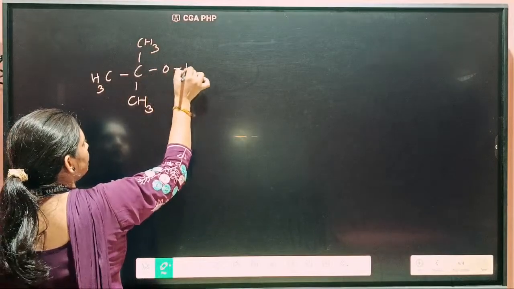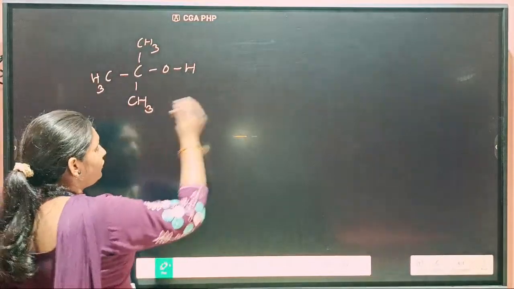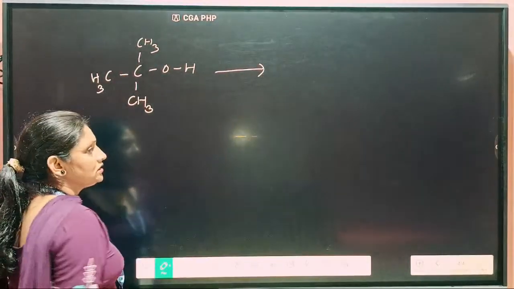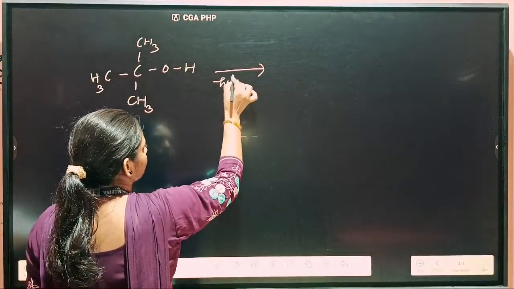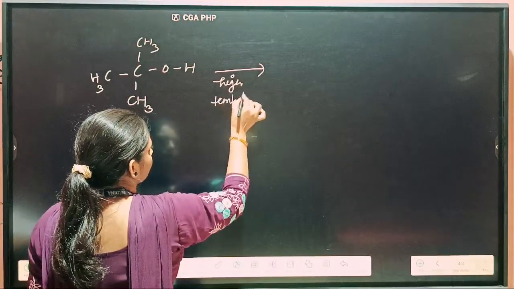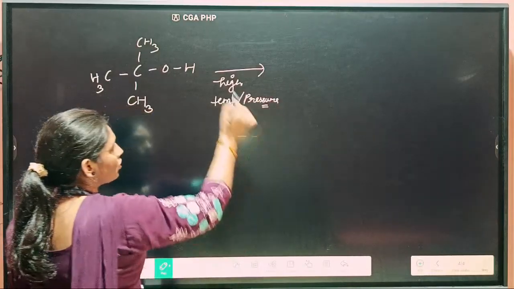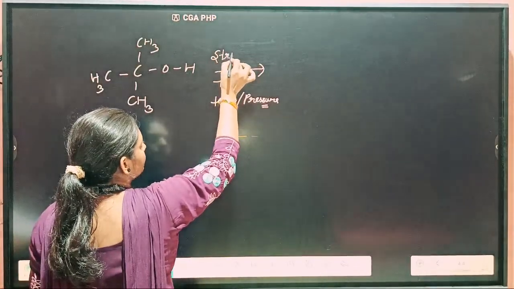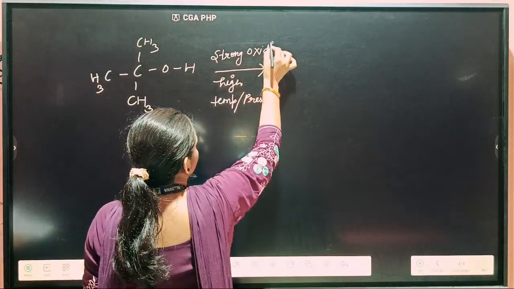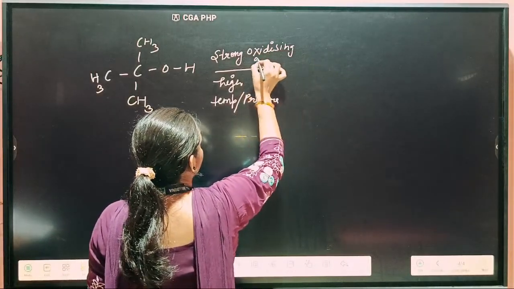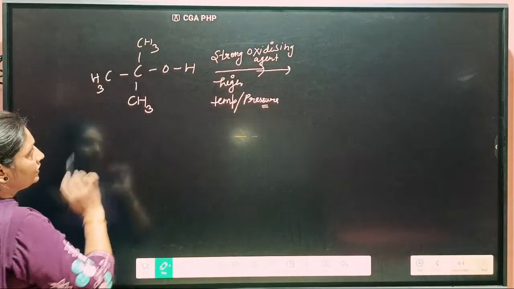This one is the tertiary alcohol. So if we do the reaction in drastic conditions, at high temperature, high pressure, in presence of a strong oxidizing agent, then the reaction can take place.